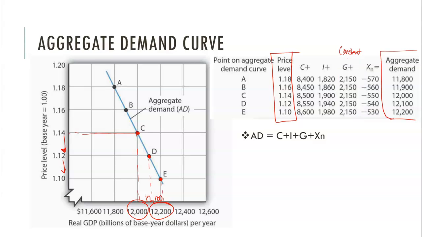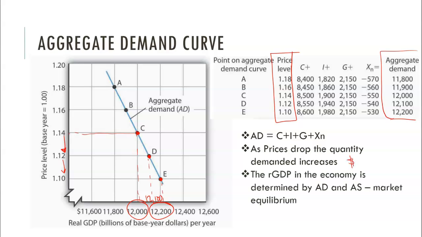Government spending in this instance is going to be considered autonomous. It was determined in some other year outside of the model, and it doesn't change based on the price level. But as you can see, consumption and investment and net exports all increase as our price level drops. So as prices drop, the quantity demanded increases. Okay? In this case, it's a dollar value.